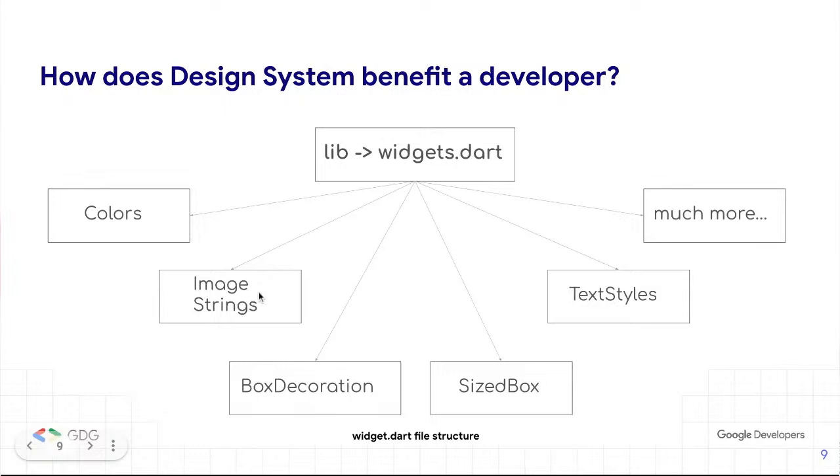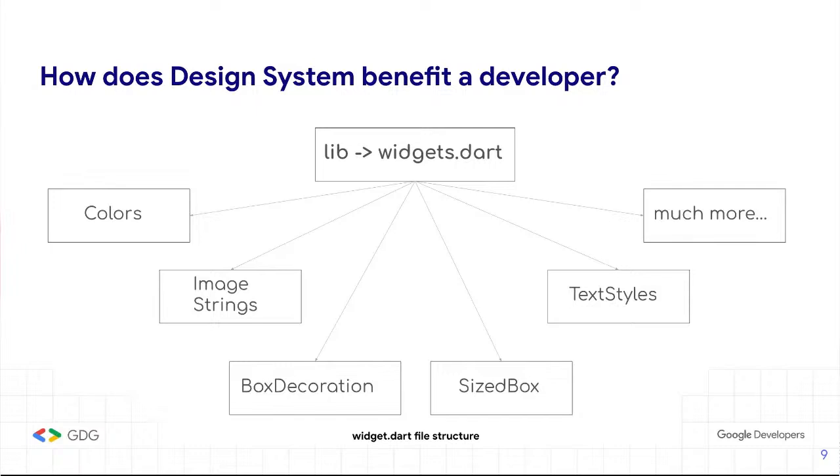Not just for the logos, this applies to all the image strings, have them in the widgets.dart. And also box decoration. Box decoration is again a very important one, because this can add up to a number of lines of code, because it comes with a little bit of boilerplate.